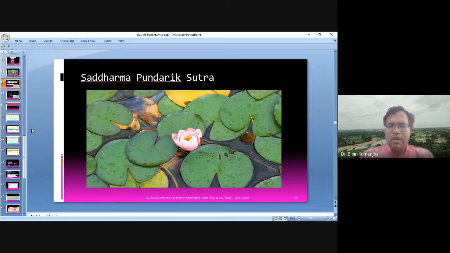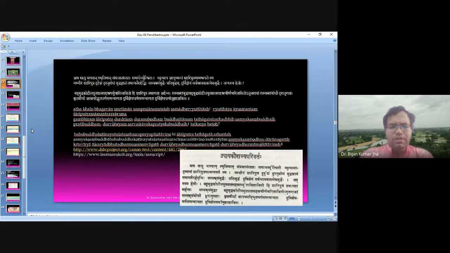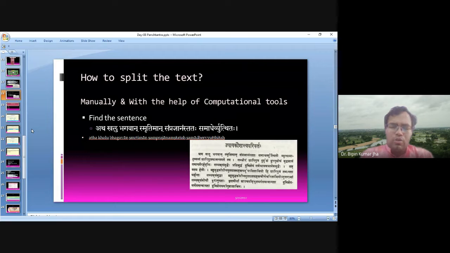Saddharma Pundarika Sutra we have studied in a specific manner, and the most important points were how to extract meaning from the text and what is important to understand.